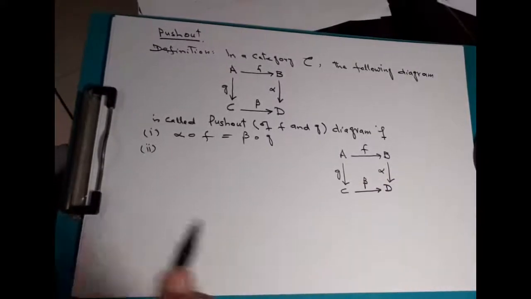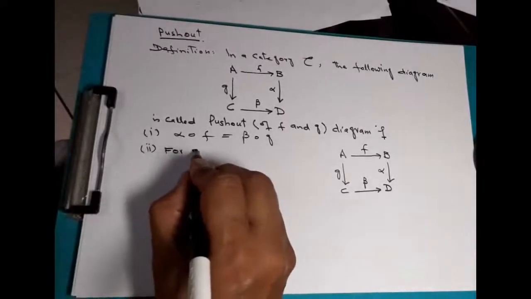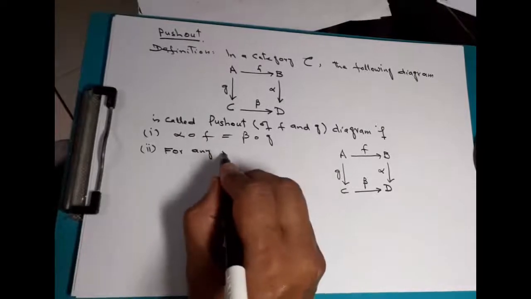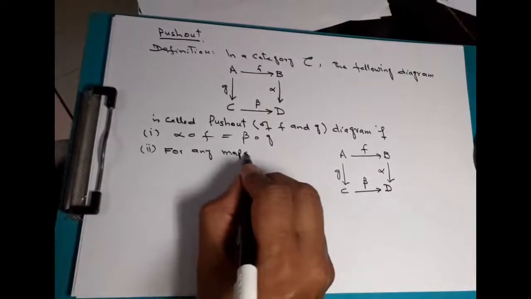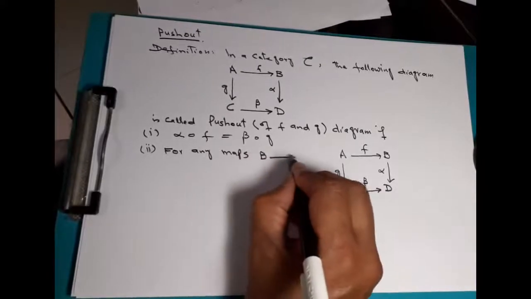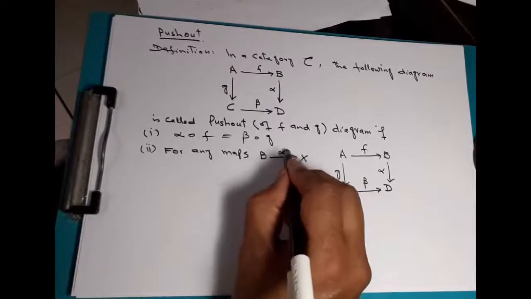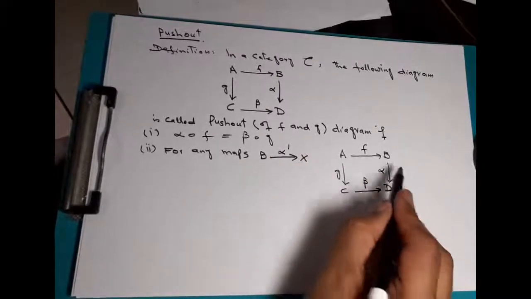So for any maps from B to X, let's call this map alpha dash. This is what we are saying.